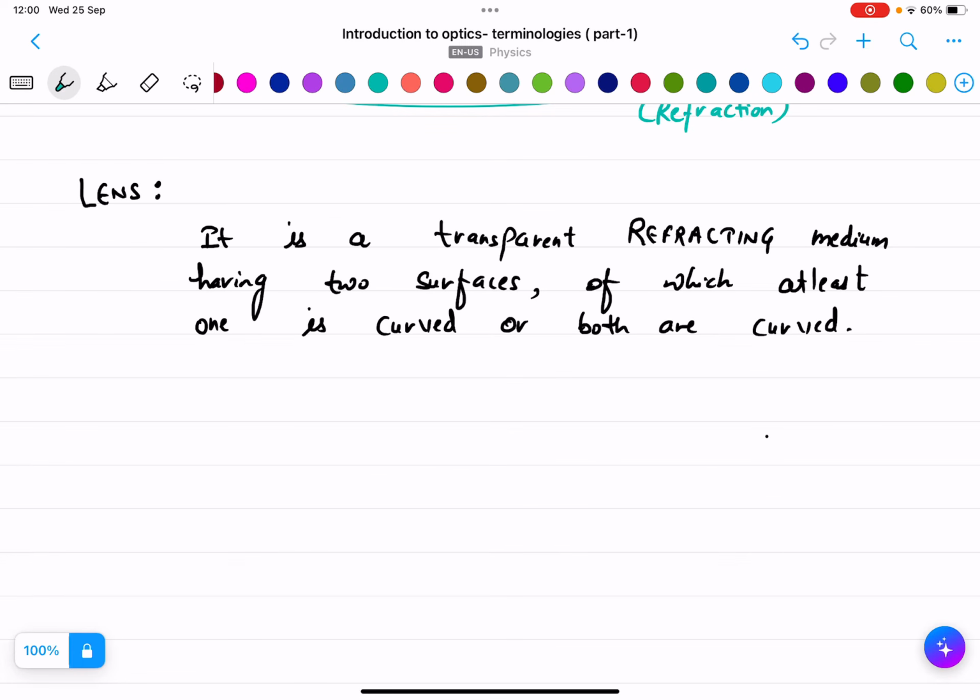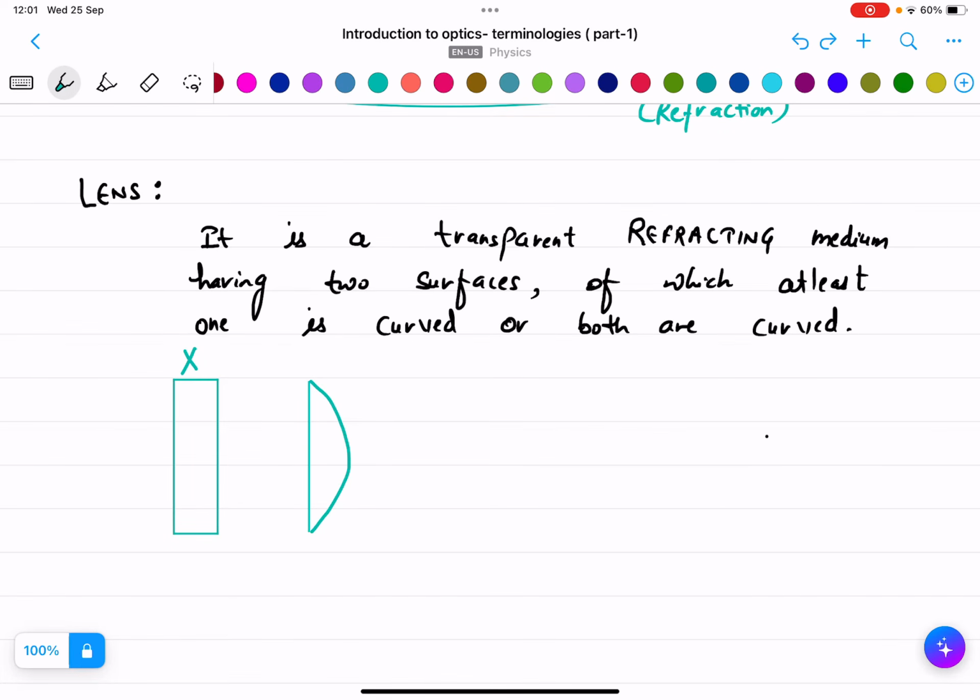Like you can say, suppose, let us say this one. Is it a lens or not? No, it is not a lens. Why? Because none of the surfaces is curved. Both are flat. Okay. Suppose this.